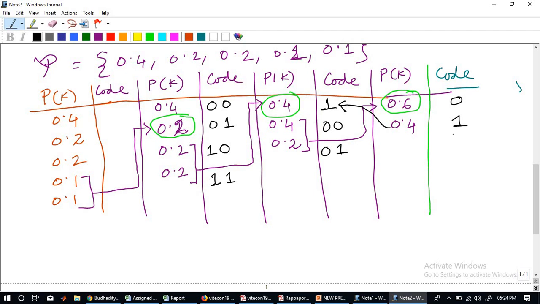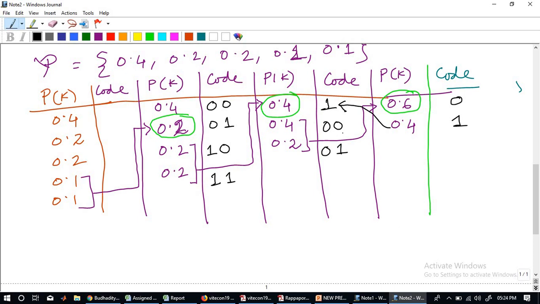I'll repeat once again. In the first half we have 0, 1 at the right hand side corner, 0.6 and 0.4. Now 0.6 is generated by the addition of 0.4 and 0.2. So since 0.6 has code 0, we will initially put 0, 0 on each and every element. Now amongst those, the one that is top half will be given as 0, since that's the way we have been doing it all this while.